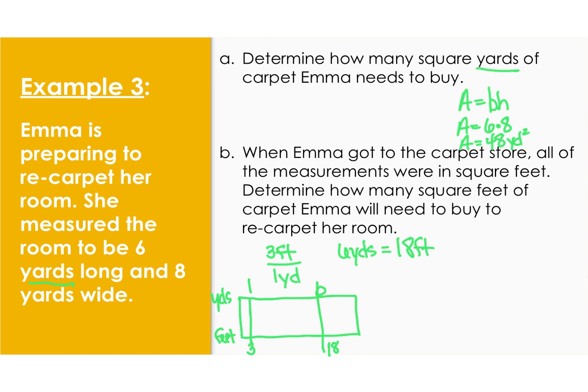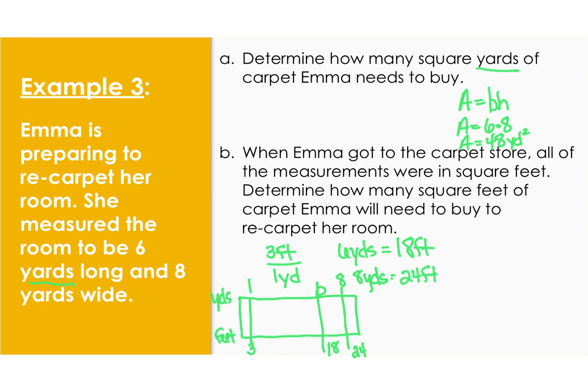Now what about 8? So I can bring this up here. I have 8 yards, so 1 to 8 is multiplying by 8. So I need to do 3 to 8 as well. So that's 24 feet. So 8 yards equals 24 feet.